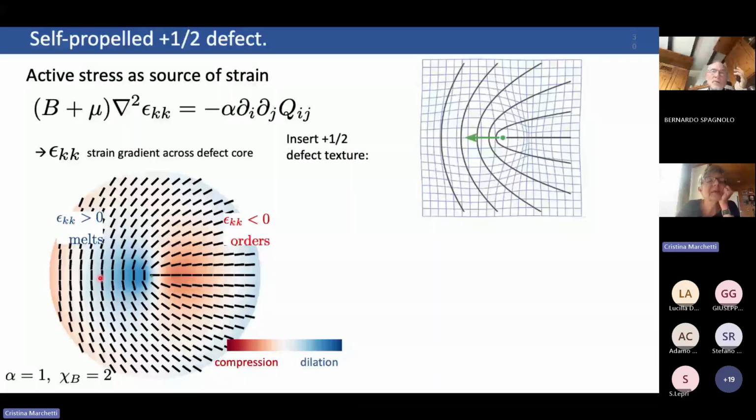Now, the defect core is in a disordered region, and it is energetically favorable for the defect to be in a region where there is no nematic order. And so this gradient of strain across the defect core causes the defect to move towards the melted region, which is the disordered region, and therefore to move in the direction of this green arrow.